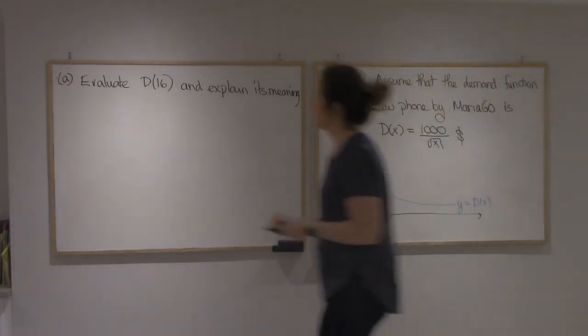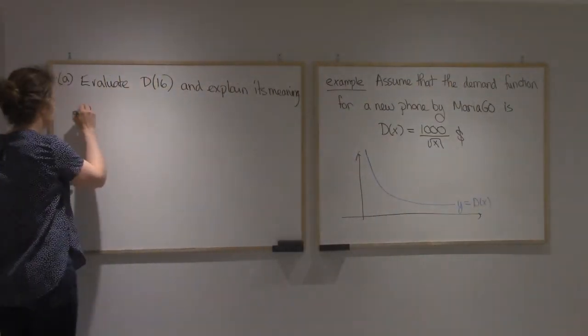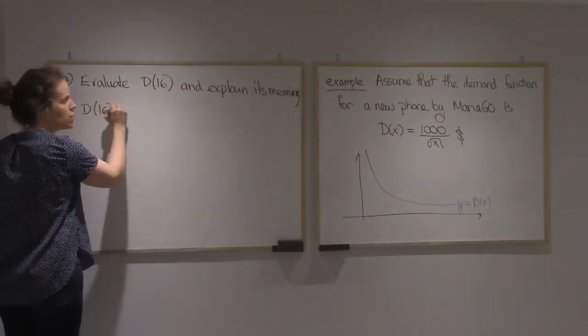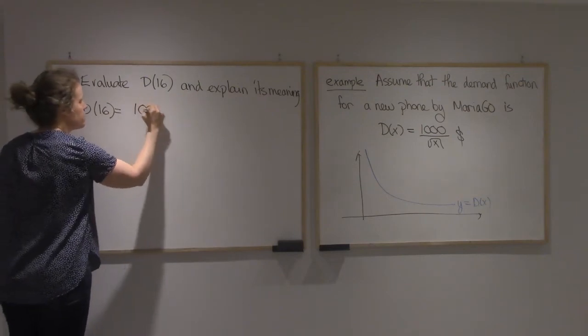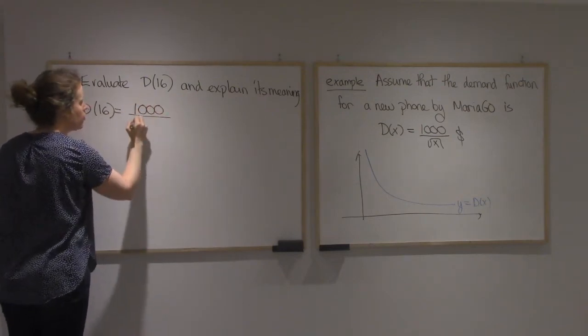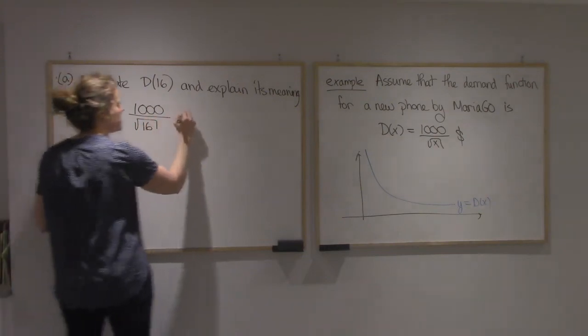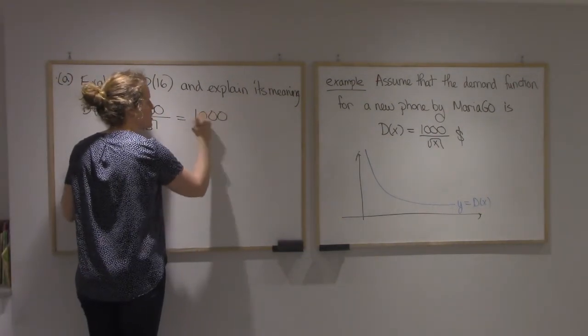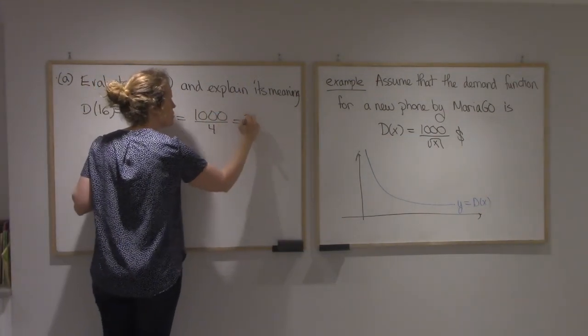So D of 16 would be, according to the formula, 1,000 over root of 16. That's 1,000 divided by 4. That's $250.